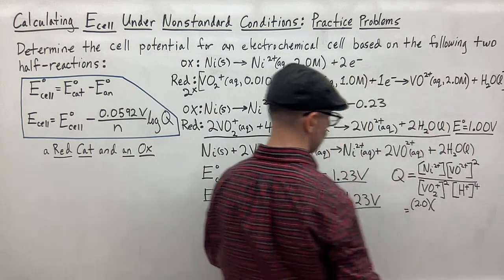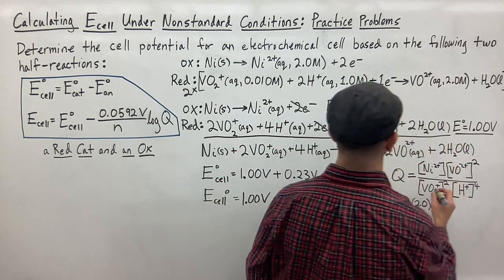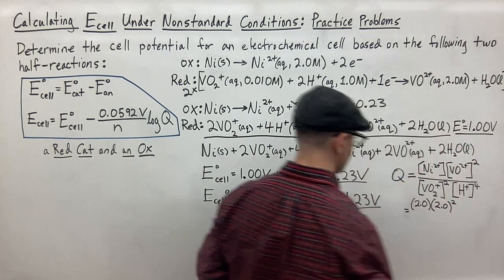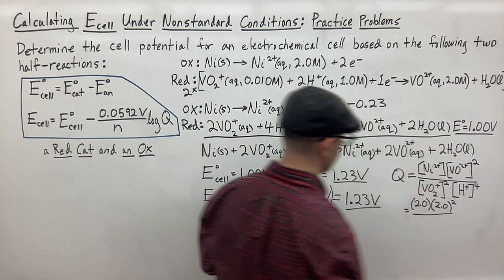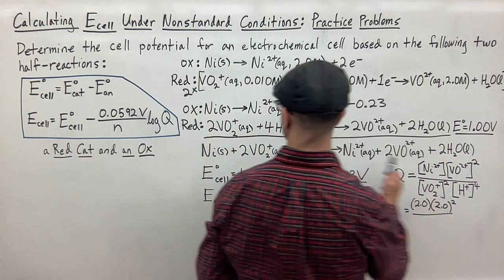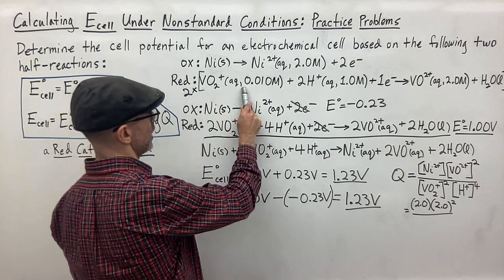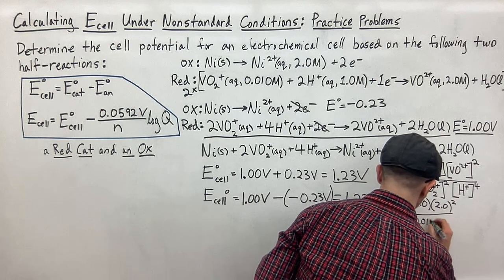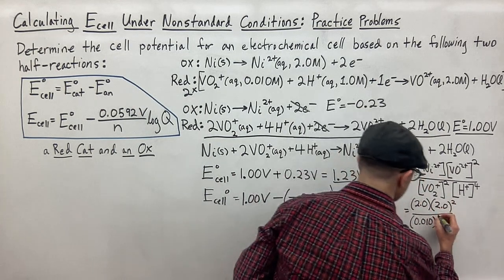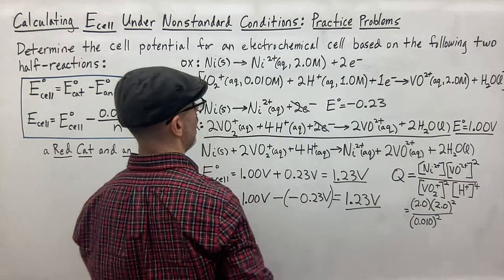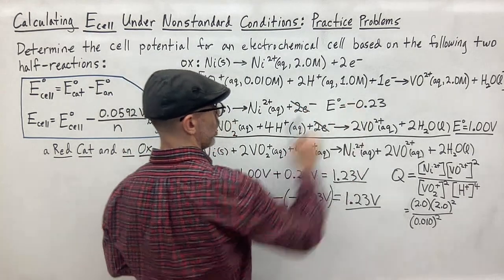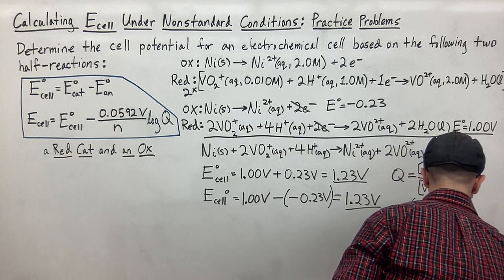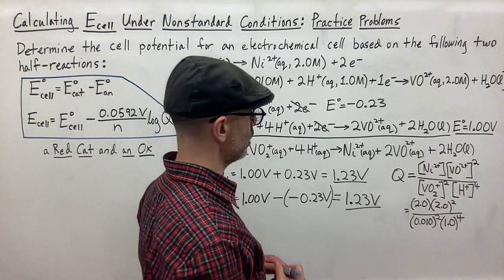So 2.0 as well, 2.0 squared. And then underneath that, we got VO2 plus, which has a 0.010 molar. So it's going to be 0.010, and that's squared. And then we have our H plus concentration, 1 molar there. So then it's going to be 1.0 to the 4th power.